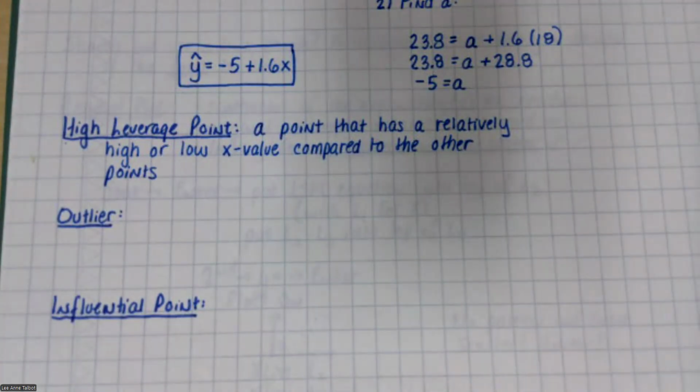A high leverage point is a point that has a relatively high or low X value compared to the other points. Okay, so we're going to start with that definition.